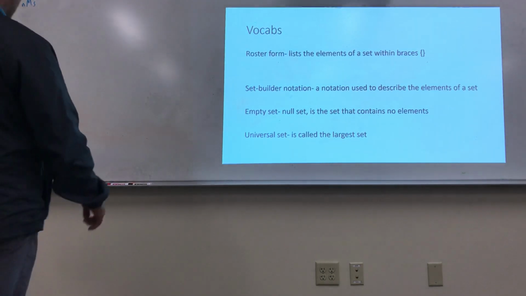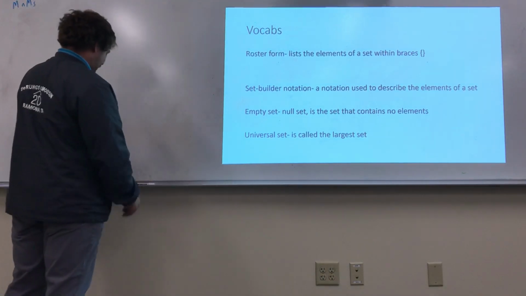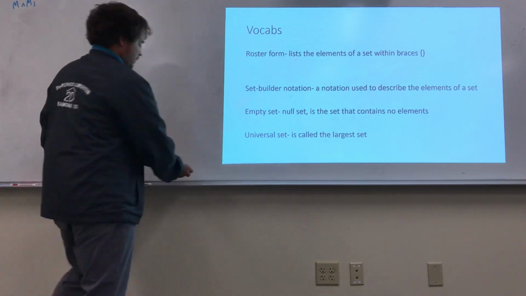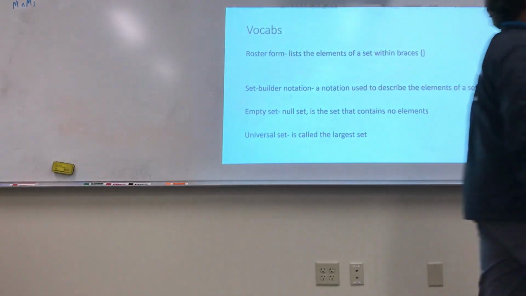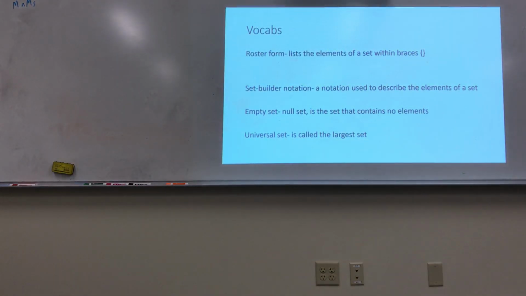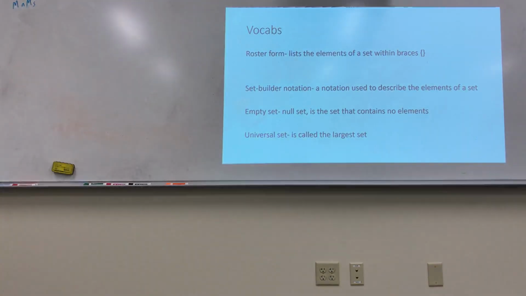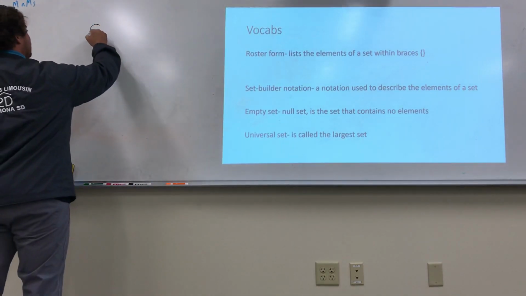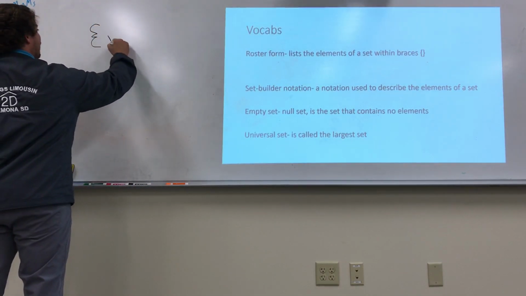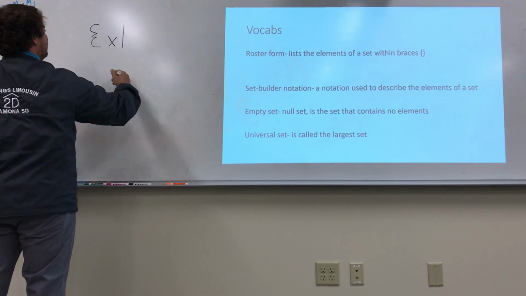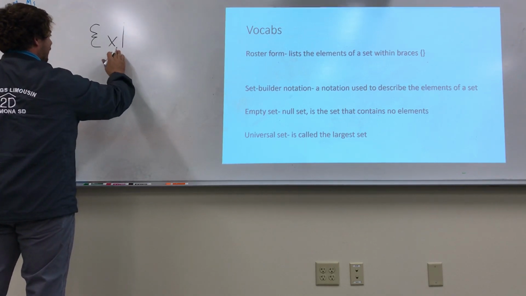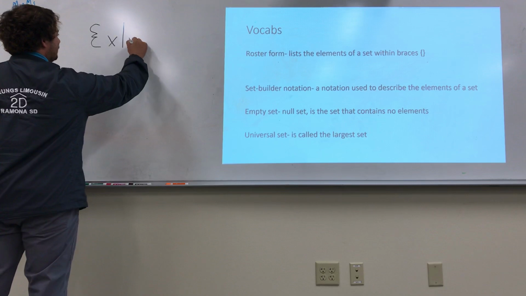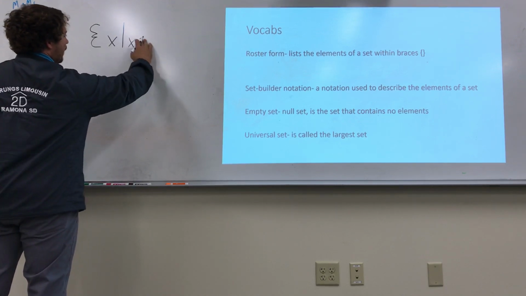So, a lot of times with set builder notation, you are going to have your bracket. You're going to have x with a line, which tells you x is an element of x. And then it's going to describe it.